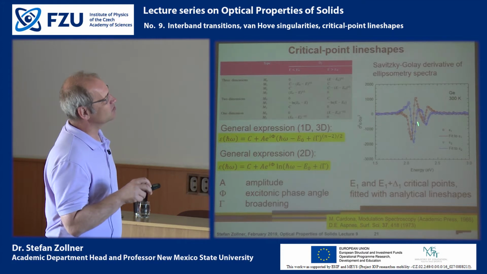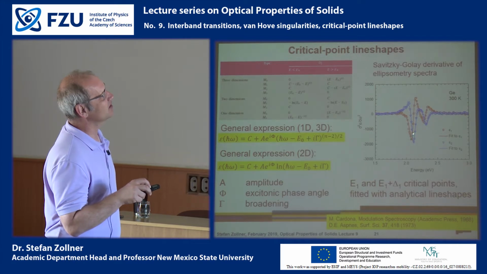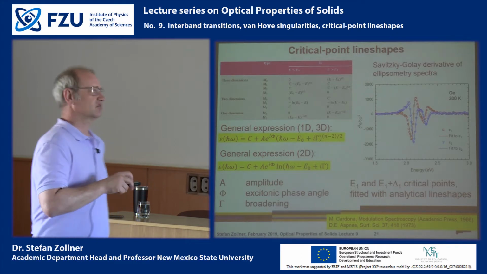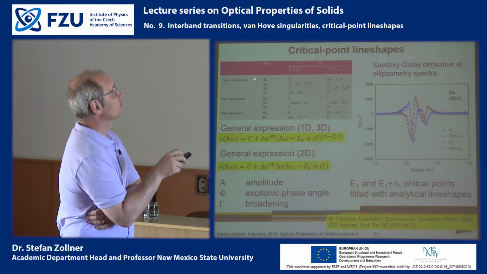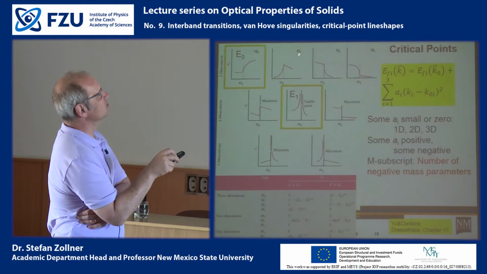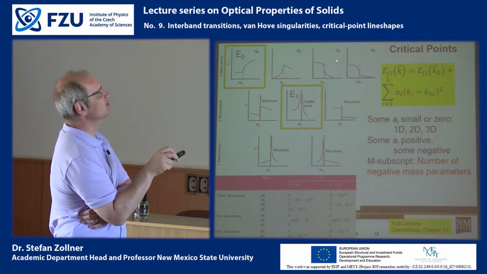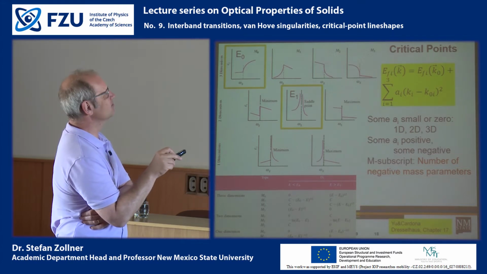With a little bit of experience, for this particular critical point, the energy gap is right there where the real and imaginary parts cross. But how do we know that? We have classified the critical points based on the number of zero masses and the sign of the other masses, whether they're positive or negative.